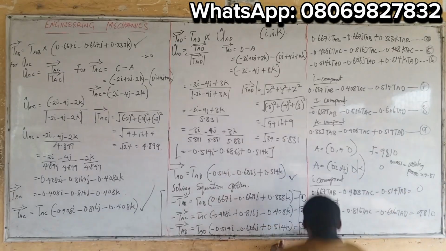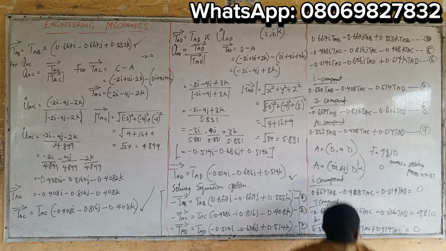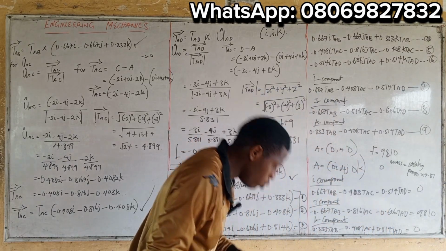Now, the next one is your K component. For your K component, you simply have 0.333 TAB minus 0.408 TAC plus 0.514 TAD equated to 0.